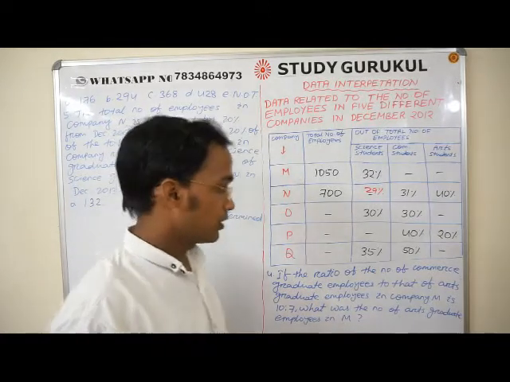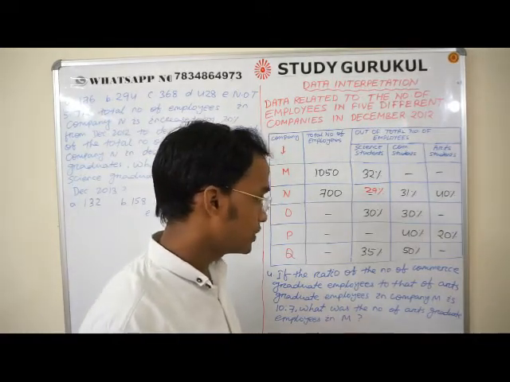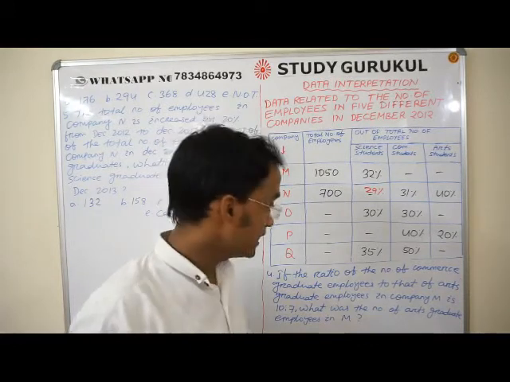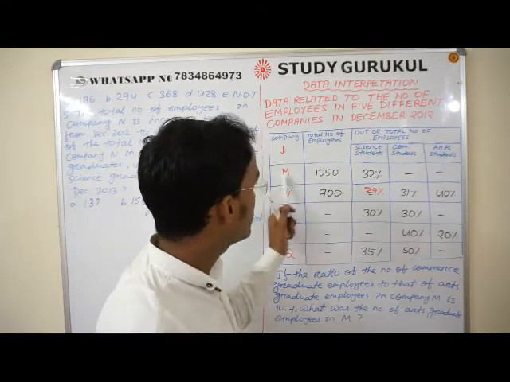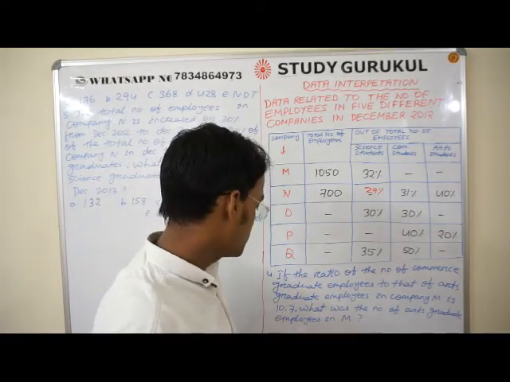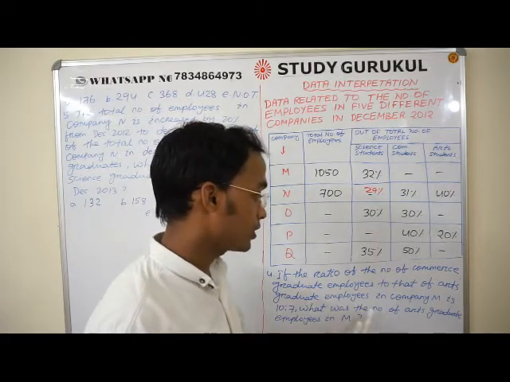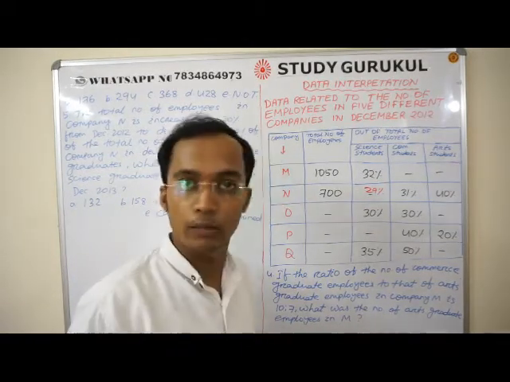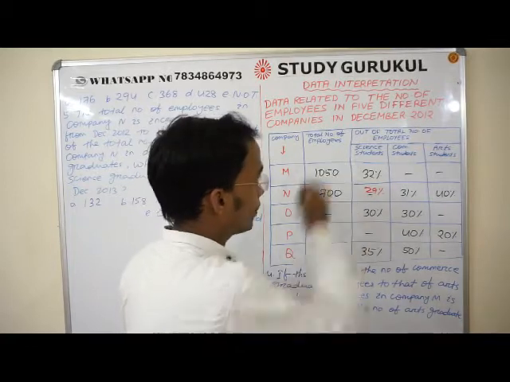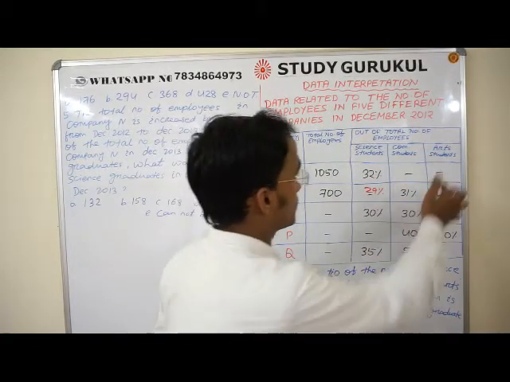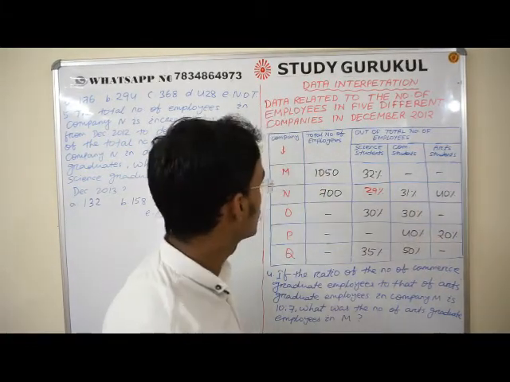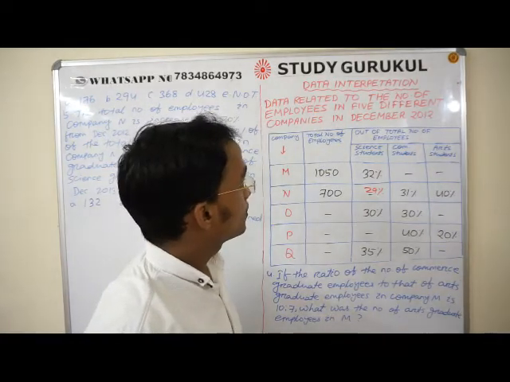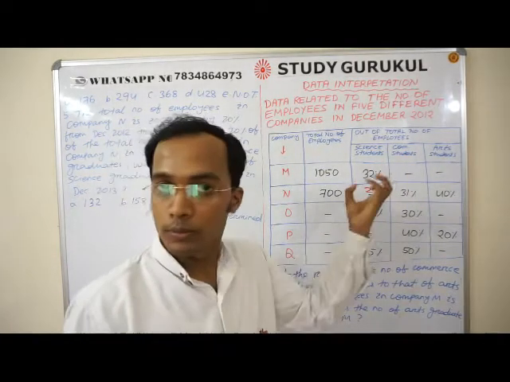If the ratio of the number of commerce graduate employees to that of arts graduate employees in company M is 10:7, what was the number of arts graduate employees in M? We have to find out this one, arts graduate employees. So we know the total is 100%.